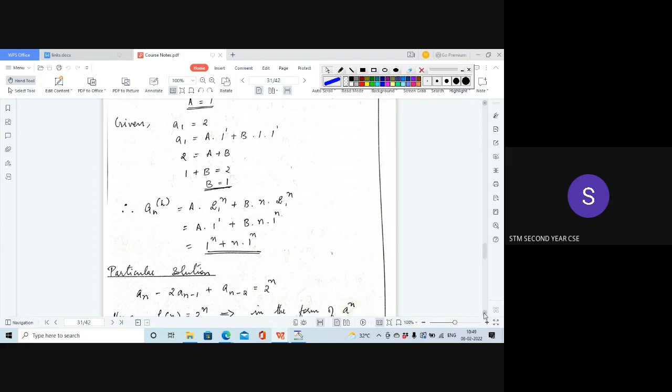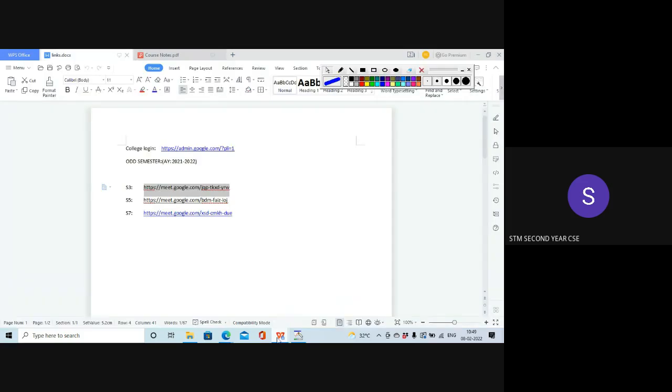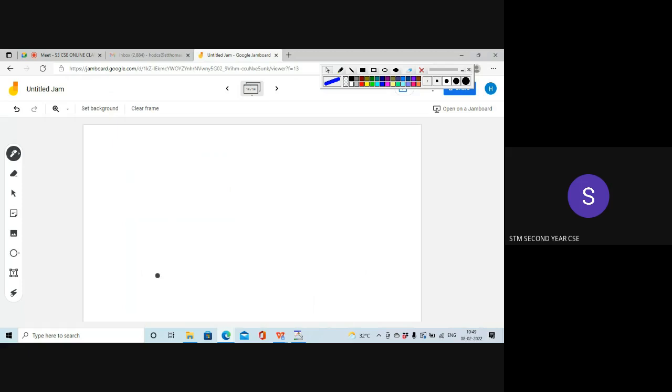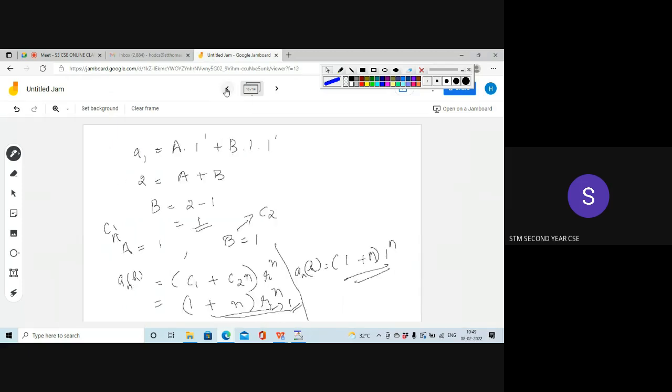Okay. Is it clear? If I open these brackets, I will get the answer which is there. That is 1 into 1 raised to n. I get 1 raised to n plus n into 1 raised to n. This is what is given in the note.